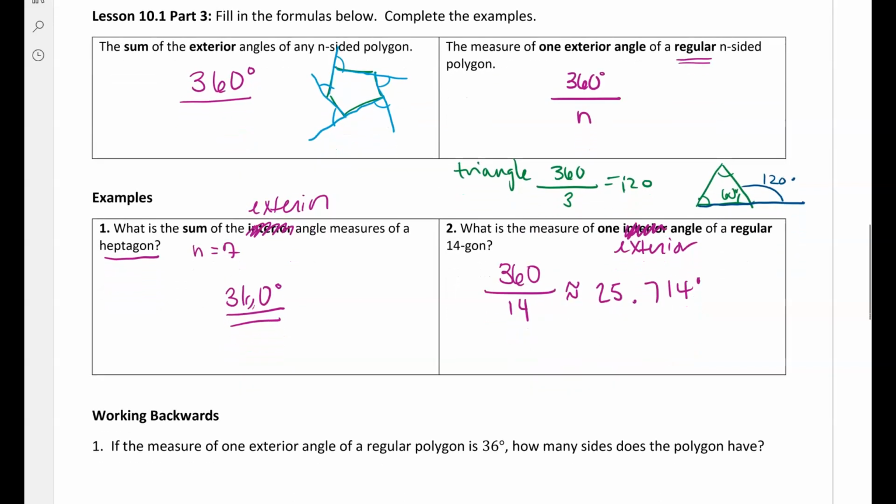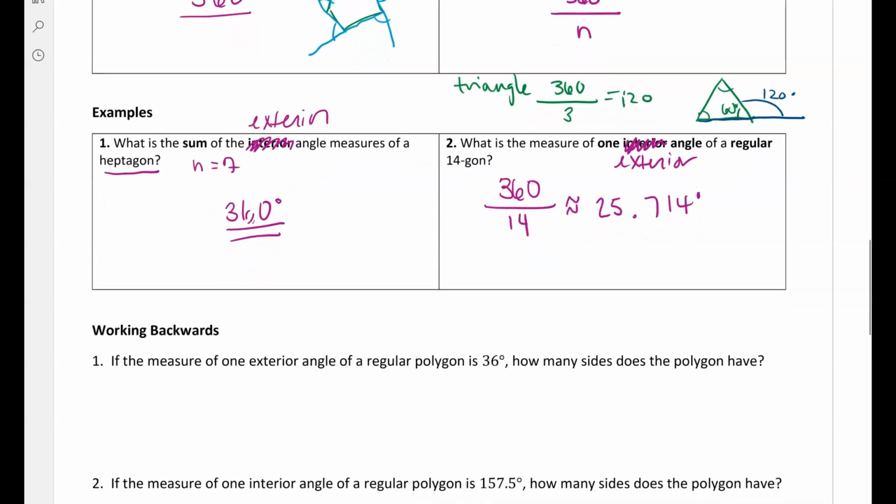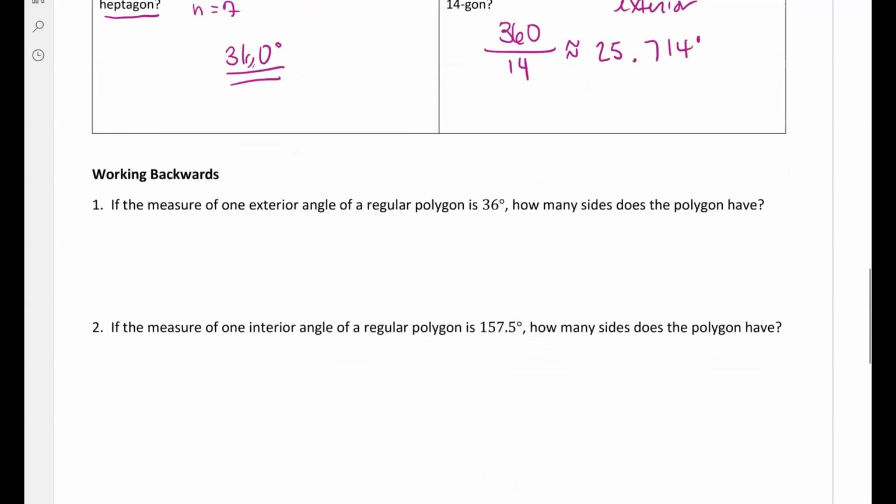All right, let's try these last two examples. They're not really specific to exterior angles, it just kind of brings it all together. So if the measure of one exterior angle of a regular polygon is 36 degrees, how many sides does the polygon have? So it matters that we're talking exterior angles, and we're talking about a regular polygon.